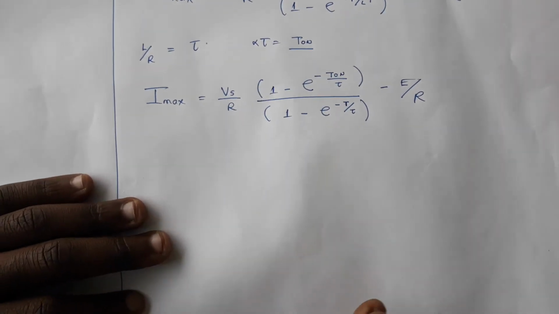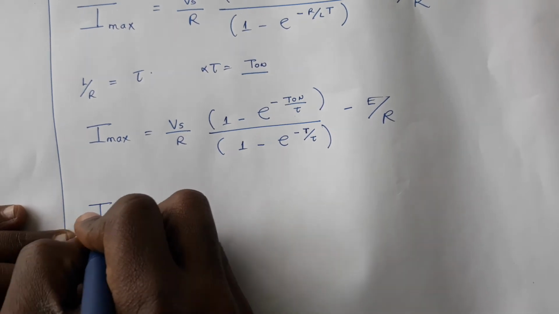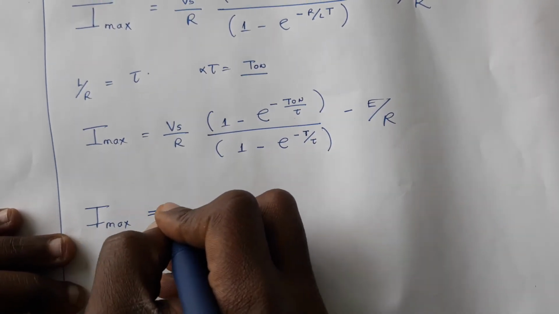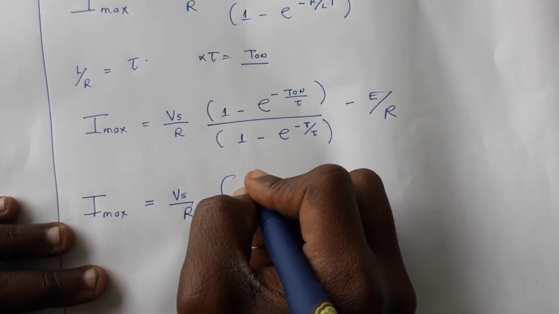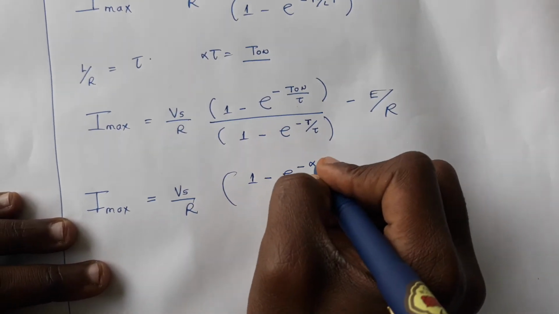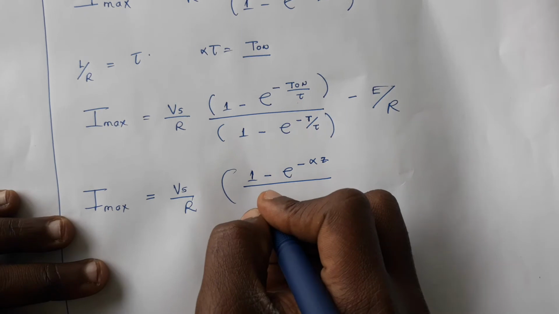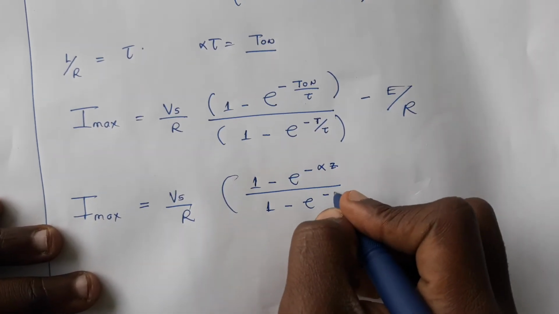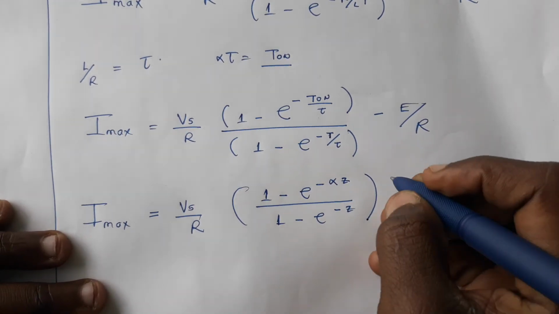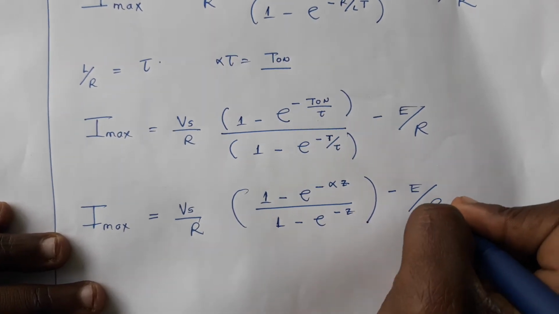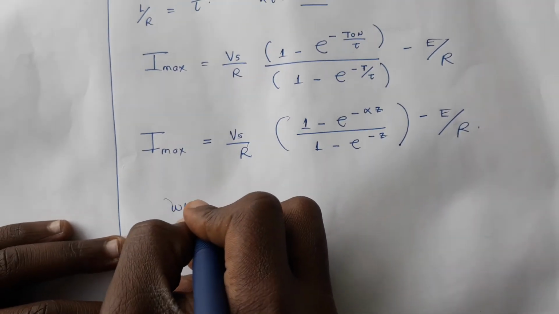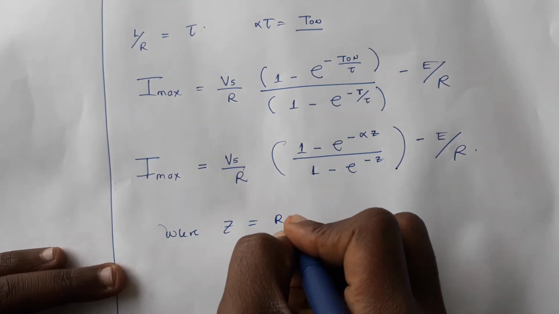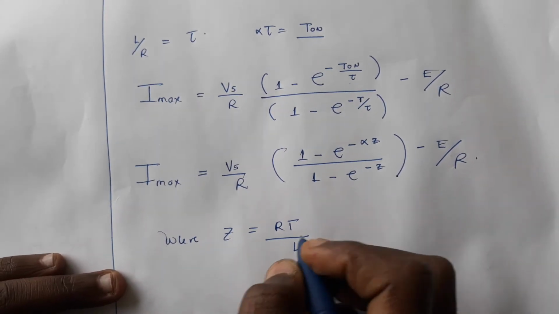Also, some other texts might give this expression as Imax equals Vs over R, 1 minus exponential minus alpha Z over 1 minus exponential minus Z, minus E over R, where Z is nothing but RT over L, okay?